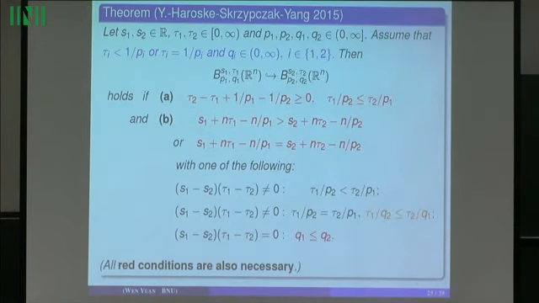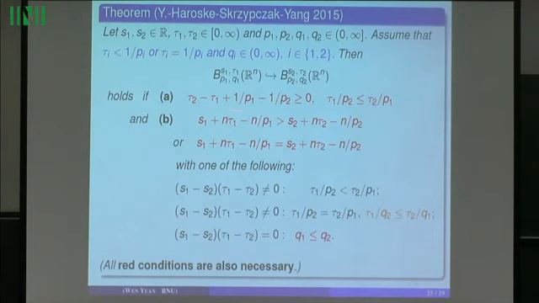The most complicated case is this one: both tau1 and tau2 are less than or equal to 1 over p. Then we have these results. The embedding is true if and only if, first, tau2 minus tau1 plus 1 over p1 minus 1 over p2 is greater than or equal to 0, and tau1 over p2 is less than tau2 over p1.